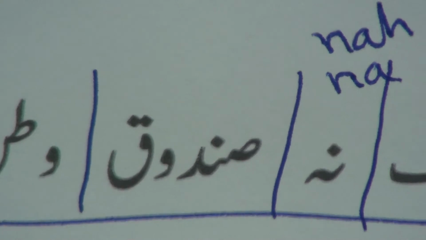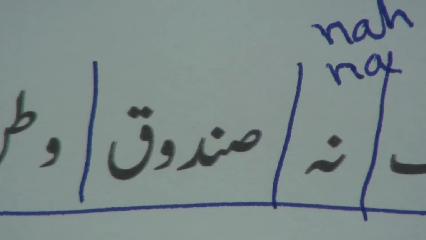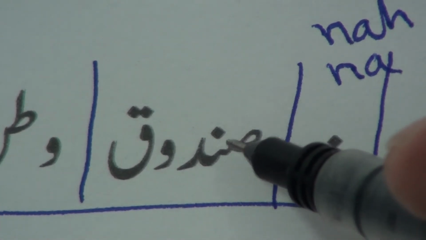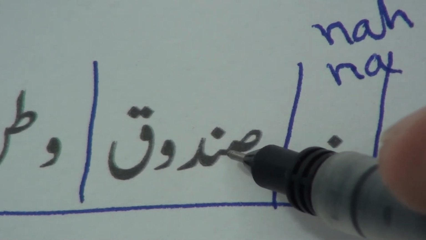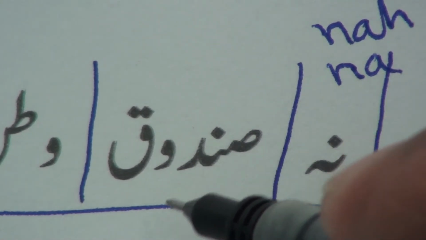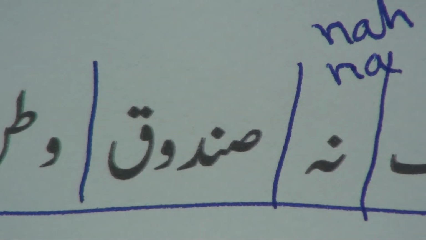Sanduk. When noon is in the middle of a word, its shape becomes this. Swarth, this is swarth, and this is noon, and this is dal, and then vav and qaf. Sanduk.